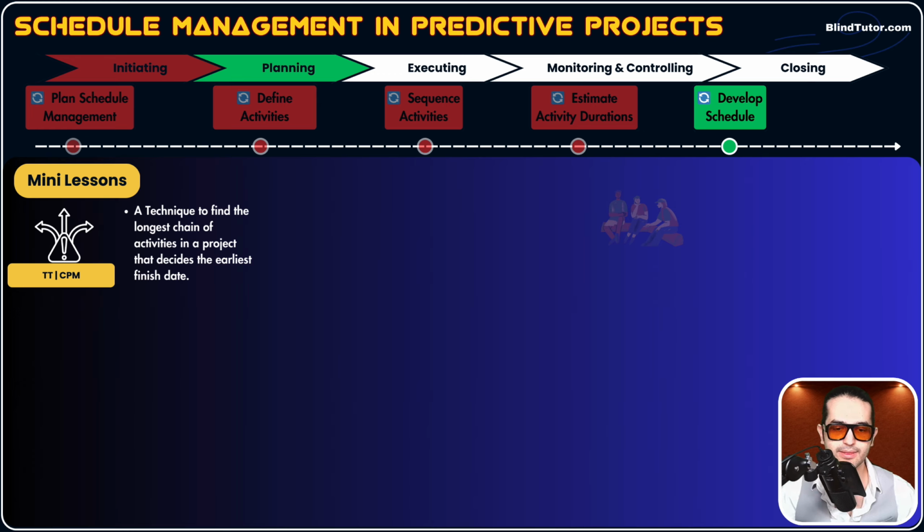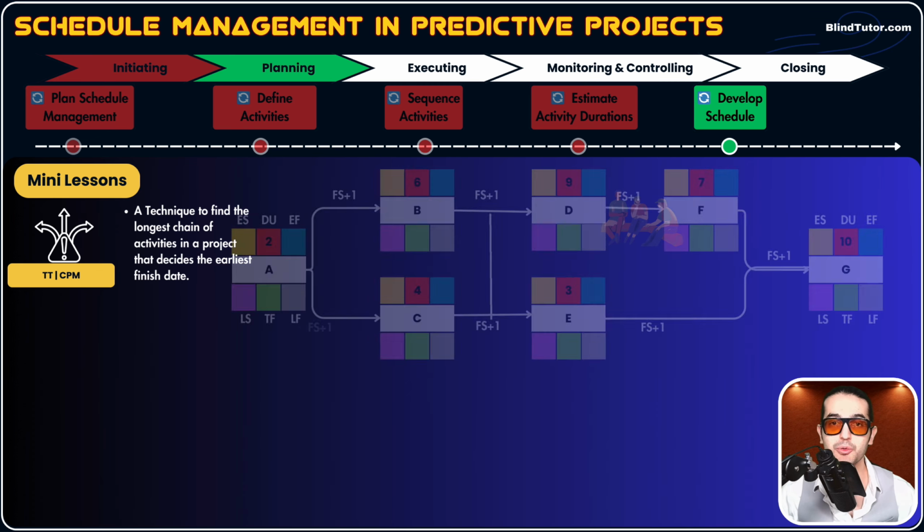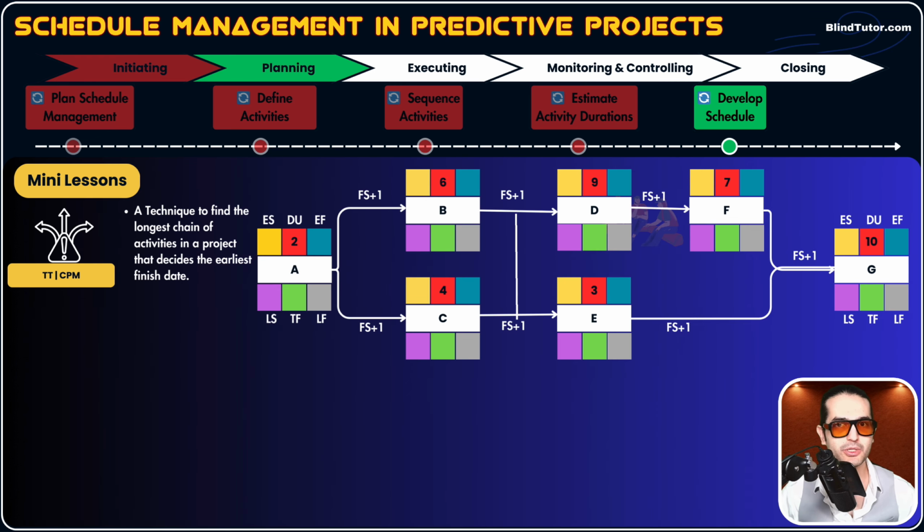And the main ingredient of CPM, the foundational input or data that CPM needs, is our schedule network diagram. Remember, I said we're going to have lots of fun with SND, schedule network diagram, and this is where we're going to start working on SND.